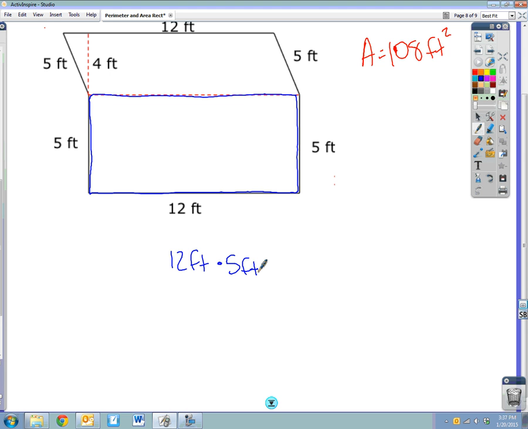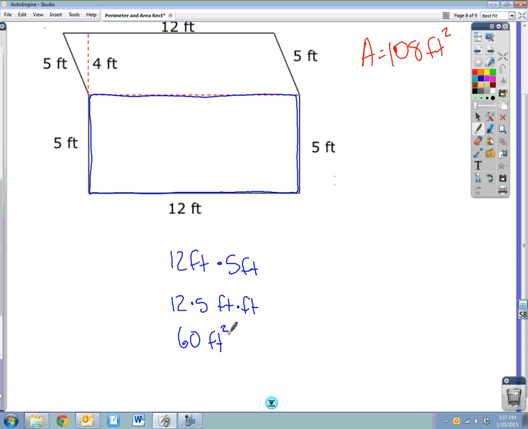If you rearrange this a little bit with the commutative property, I suppose, you could do 12 times 5 times feet, which isn't really what's going on, but it makes it a little bit easier to think about it that way. We'll just have 12 times 5 and feet times feet. 12 times 5 will give you 60, and feet times feet would be feet squared.